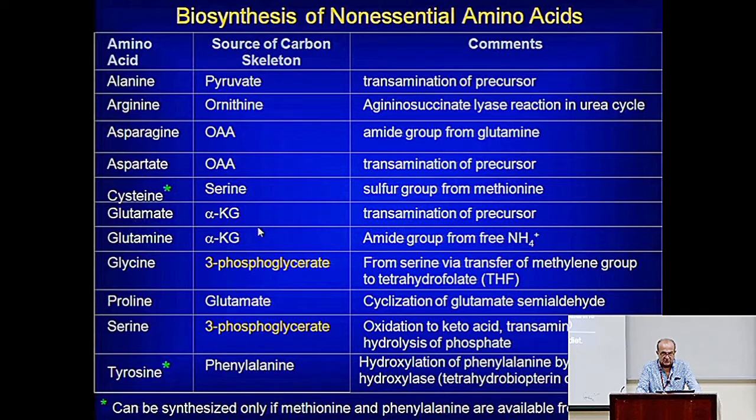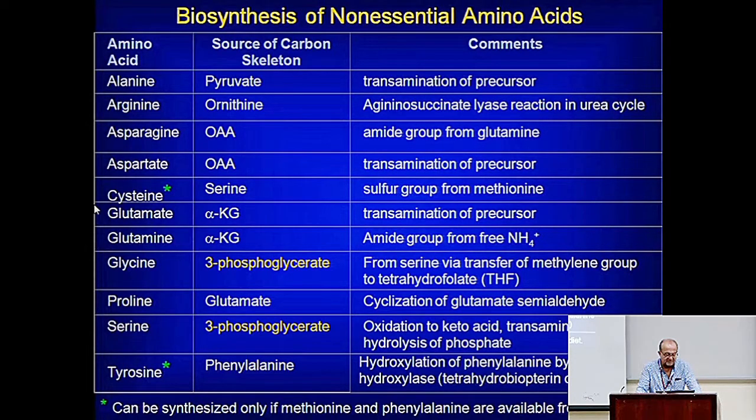Glutamate from alpha-ketoglutarate, either by transamination or glutamate dehydrogenase. Glutamine, we've already covered that. Glutamine is made by glutamine synthase. So this is really kind of a quick review, and glutamine synthase adds an ammonia to glutamate to form glutamine.